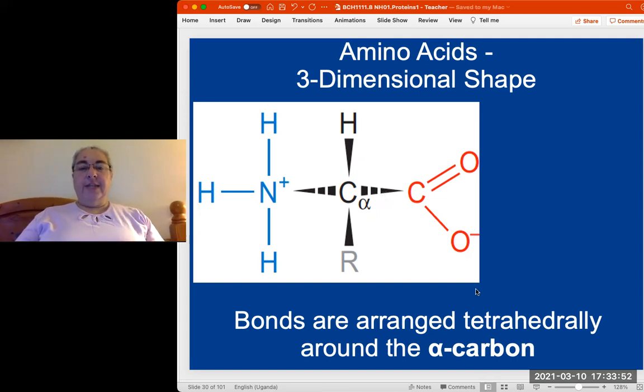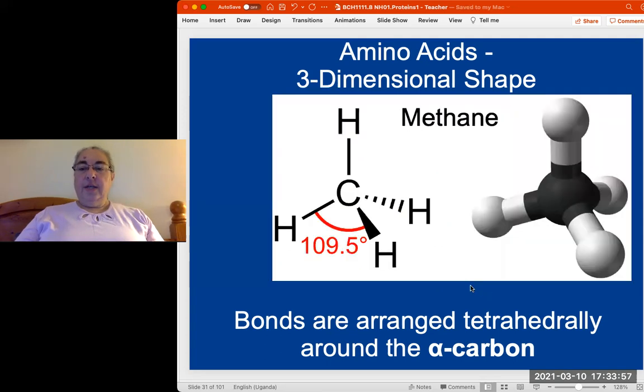And this arrangement is a tetrahedral arrangement. So here is a tetrahedral arrangement. Here is a carbon atom with a tetrahedral arrangement of atoms around it. This is actually methane, which has a carbon atom with 4 hydrogens arranged around it. So I hope that you can see the 3-dimensional structure with this space-filling model.